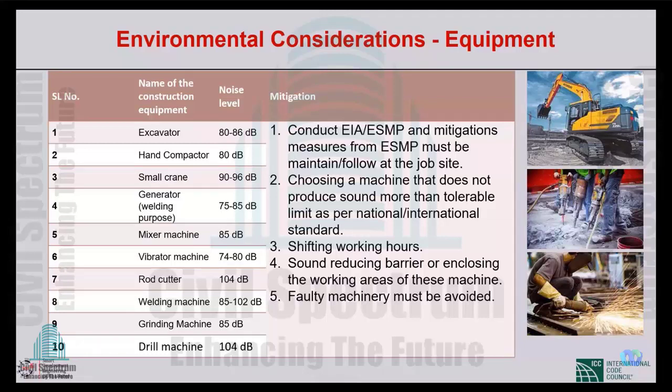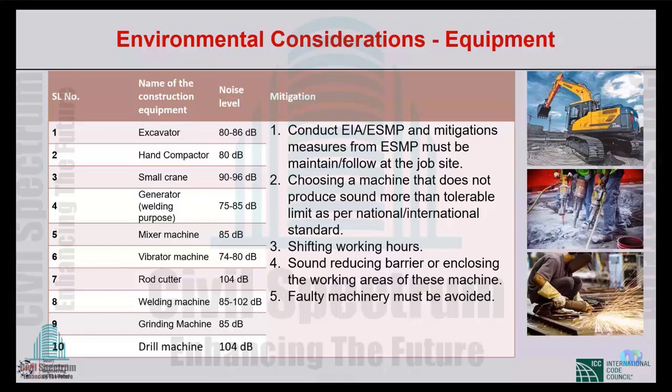Another way we can do that is shifting the working hours, like when people go to work and are not at home. We can shift the work to that time, and reduce the work when they come back home. So that's one way to do it. And there is a more efficient way to do this, using sound barriers or enclosing the working areas of those machines.